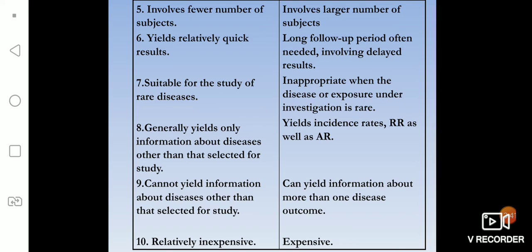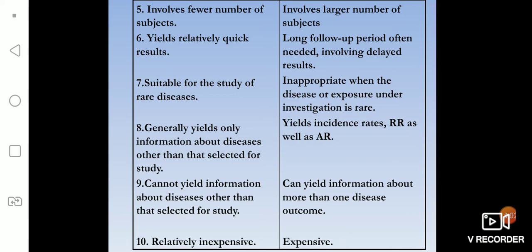Case control studies generally yield information only about the disease selected for the study, whereas in cohort studies incidence rates, relative risk and attributable risk are available. That means in case control studies it is only the odds ratio, whereas in cohort studies you can study relative risk and attributable risk.